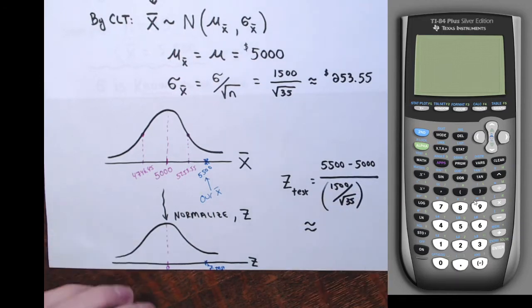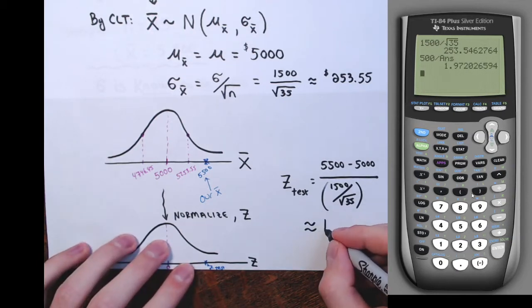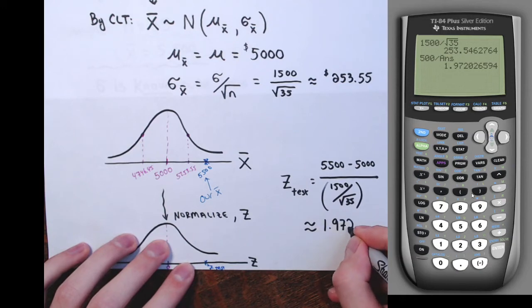All right, so I'll go to the calculator. And now 5,500 minus 5,000 is just 500. So the numerator is 500 divided by my previous answer, that standard deviation. And you see it's 1.97, or 1.972.